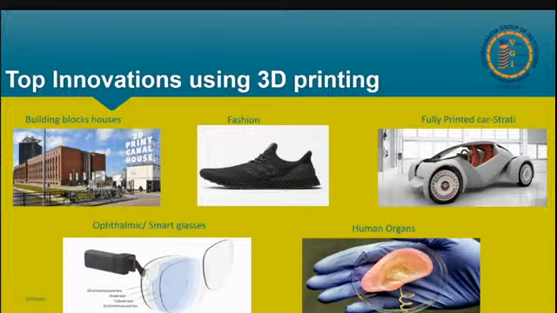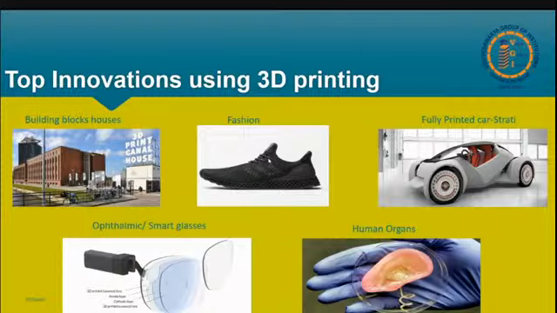Then you can see the footwear industry also, it is basically a consumer product. So prototyping and all those things are very important. But for high-end customers like athletes and all those niche parts, the design of the footwear can be optimized if it is thought of as being manufactured using 3D printing.